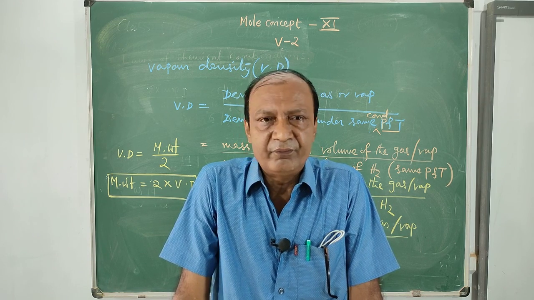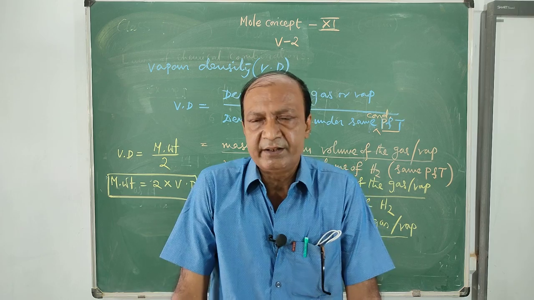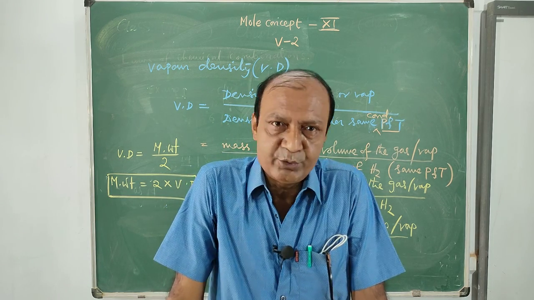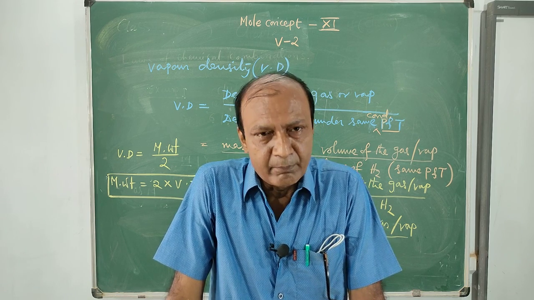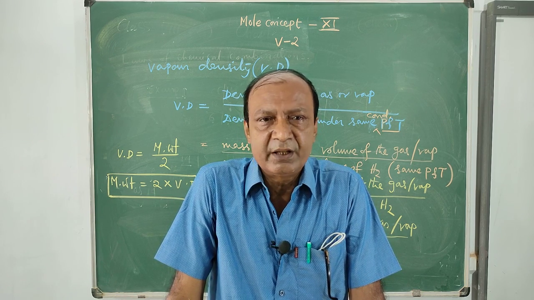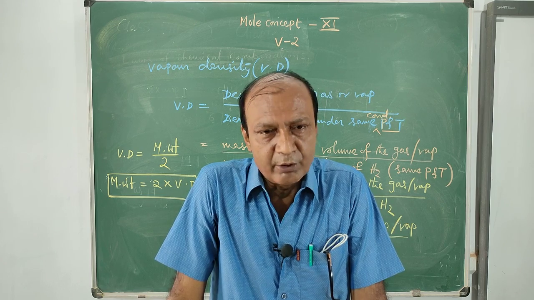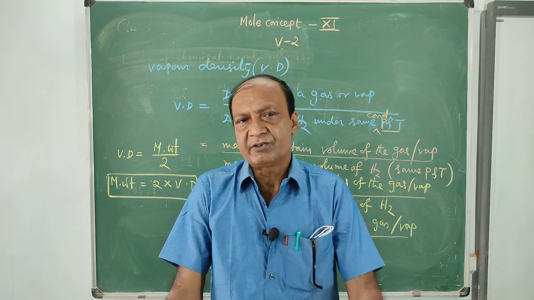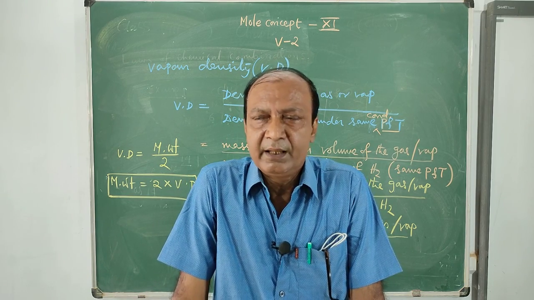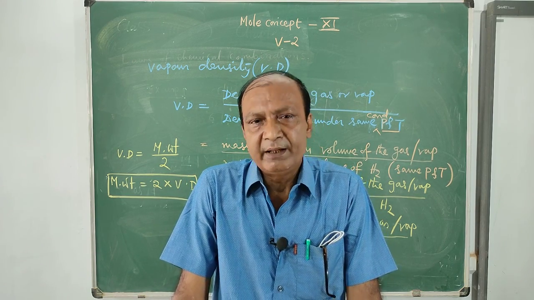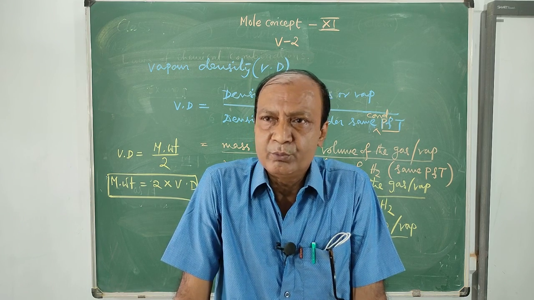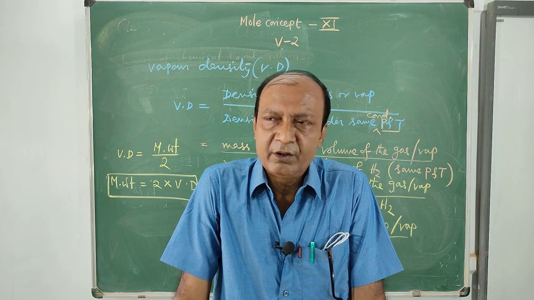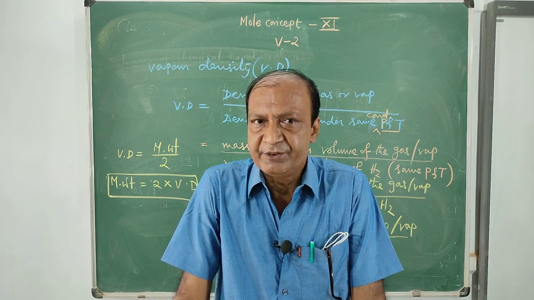Equivalent weight of an oxidizing agent or reducing agent is equal to the molecular mass of the oxidizing agent or reducing agent divided by number of electrons transferred. Transferred means gained or lost during the reaction. Equivalent weight of a salt is equal to molecular mass of the salt by the total charge, either positive charge or a negative charge.